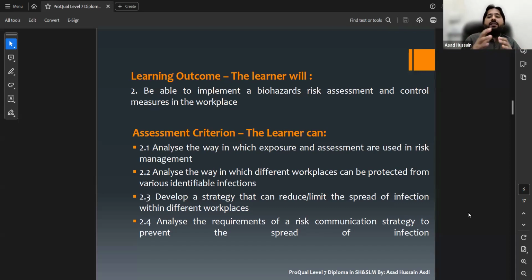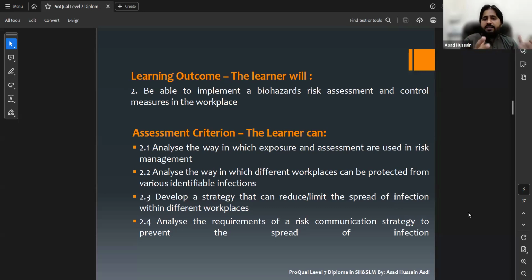Identifiable infections means infections that are obvious. For example, if someone is working in water, in ponds or anywhere there is stagnant water, then definitely there will be identifiable infections due to dirty water and other chemicals present in the water.